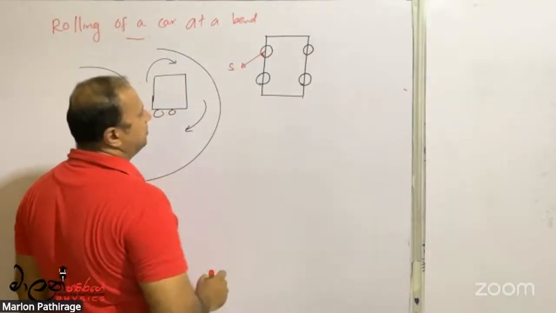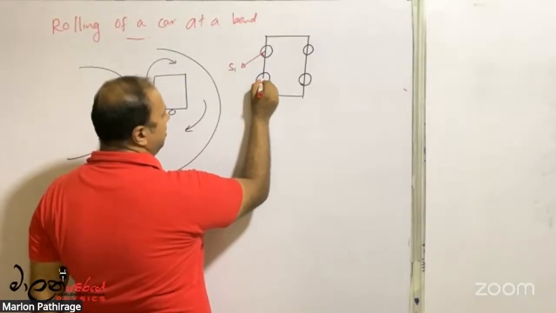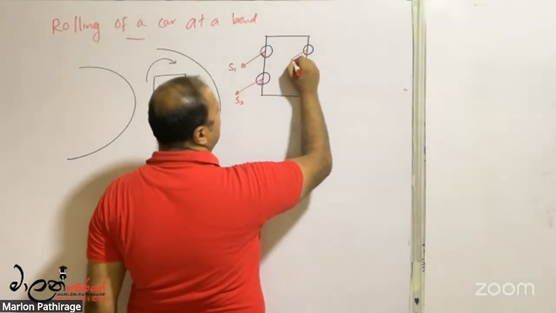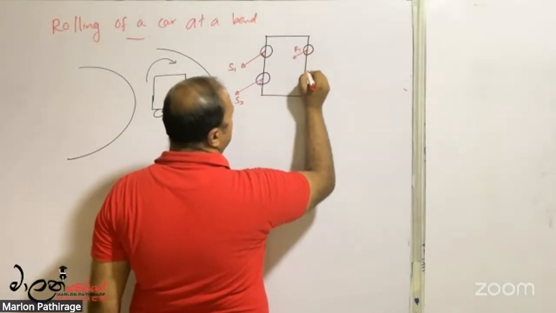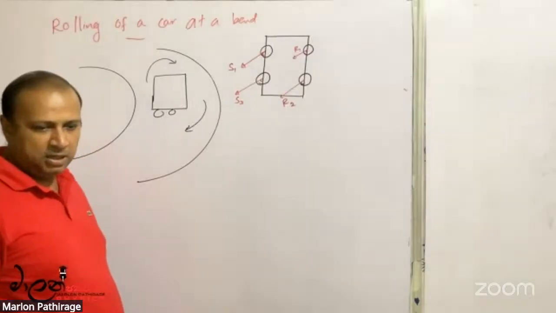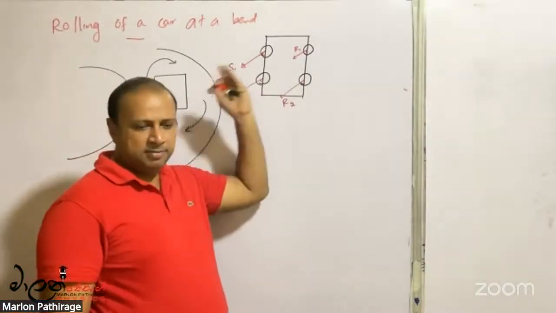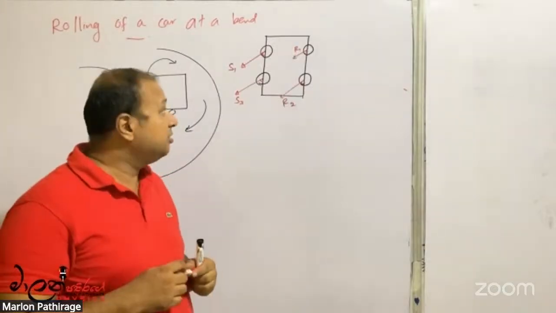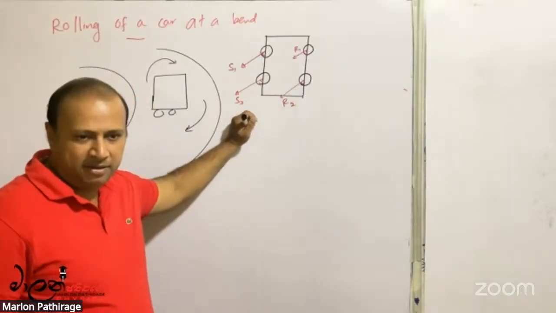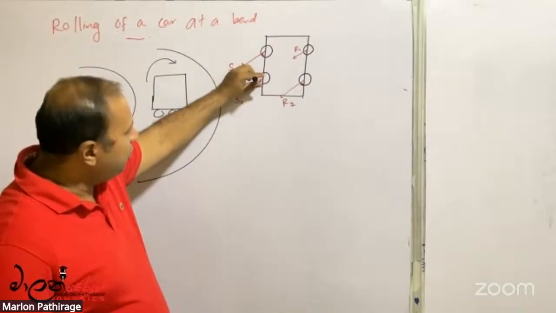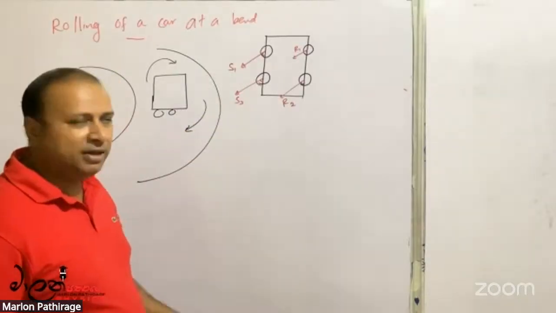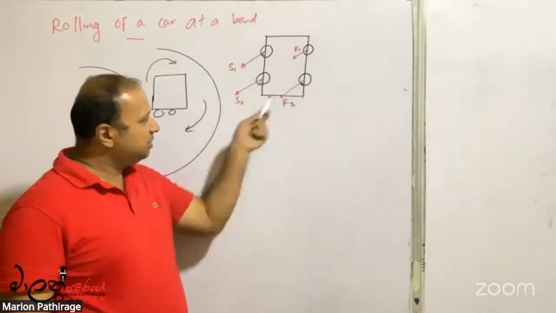Suppose this is S1, this reaction is S2, then R1, then R2. Those are the perpendicular reactions between each tire and the road. We cannot mark the perpendicular because it is outward from the plane, which is why I have inclined it in this direction.